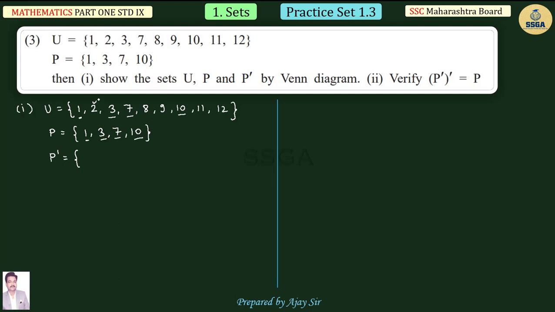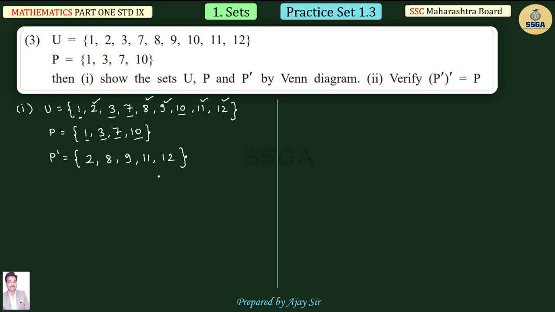Which elements are remaining? 2, 8, 9, 11 and 12. So these elements are remaining. Those elements which are not in P but are in U, so this is P complement, student.